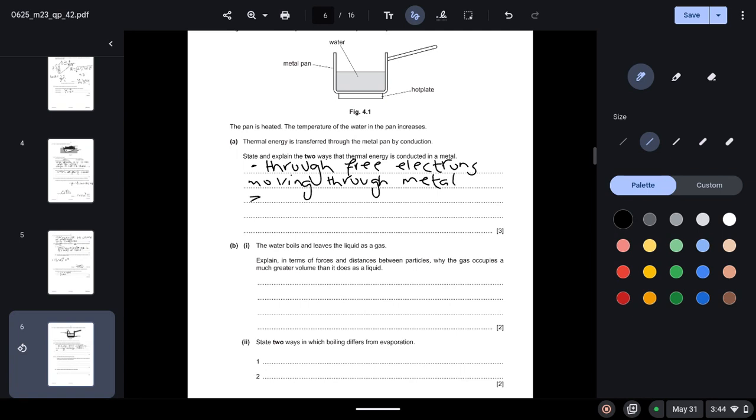And the other is through the lattice vibrations, which transfer energy to neighboring particles.